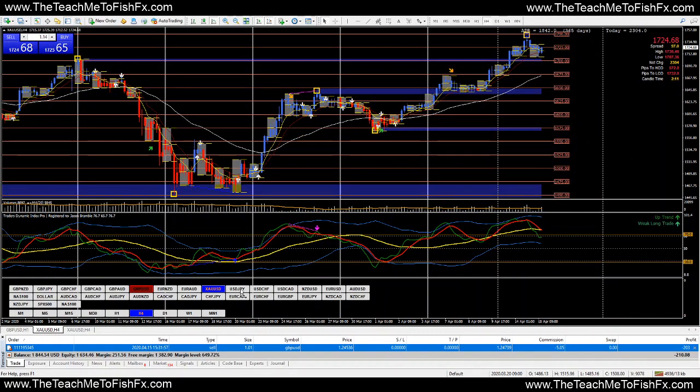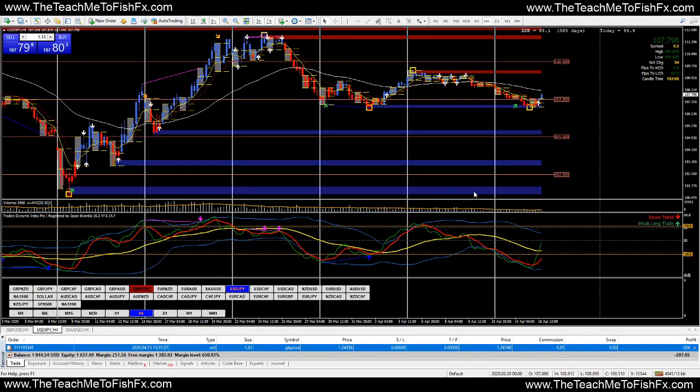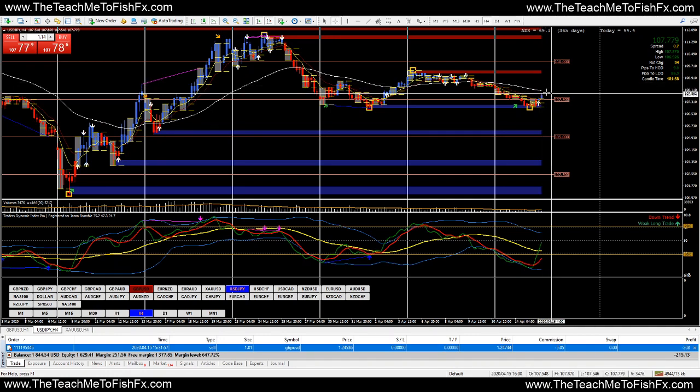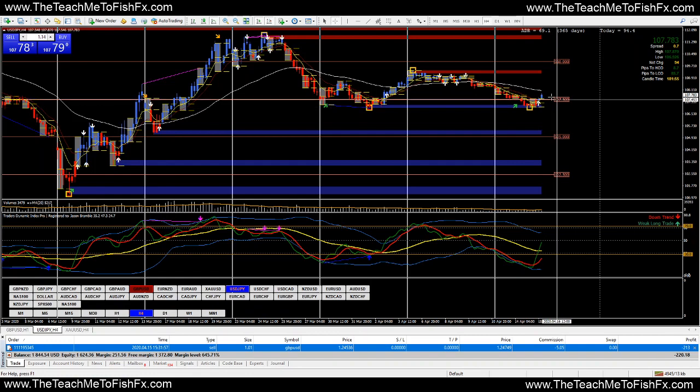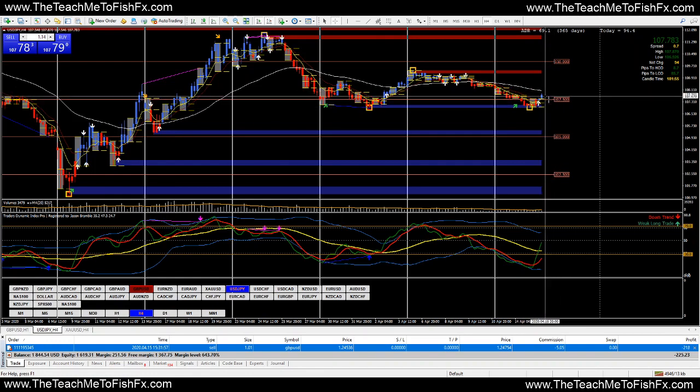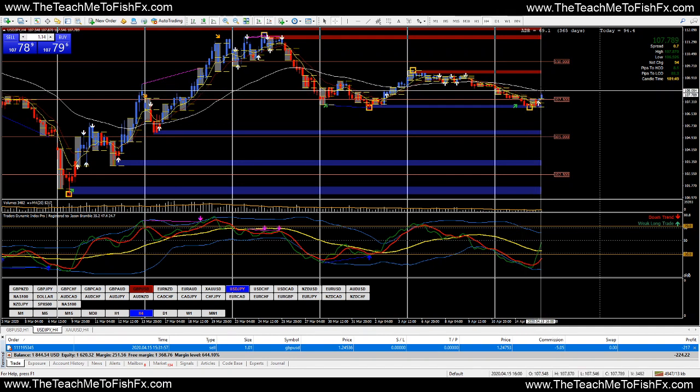Let's take a look at USDJPY. All right, USDJPY, after this candle closes, and I made this very easy, I put in a color changing indicator.